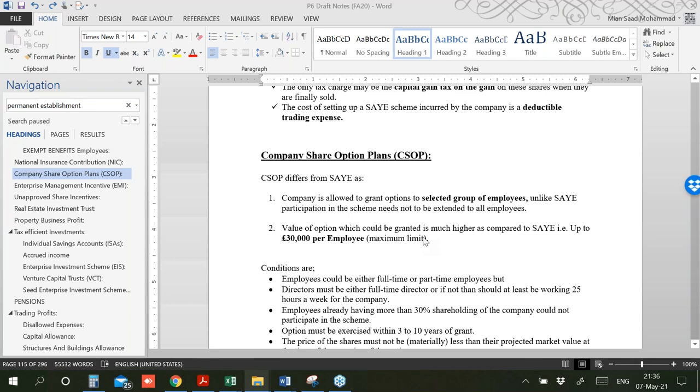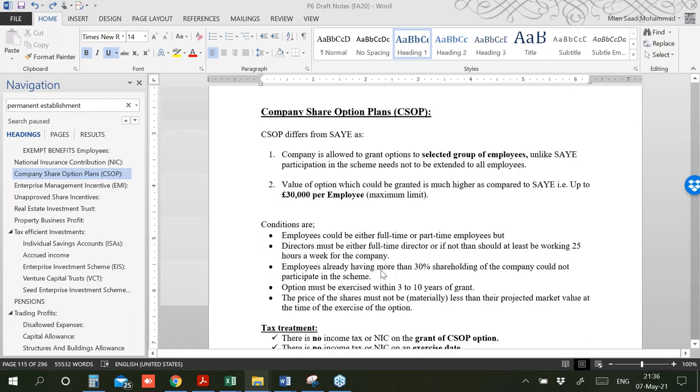Here, the employee can be either full-time or part-time. If they are directors, they can be full-time. If not, they should be working at least 25 hours for the company. Employees who already have more than 30% holding cannot participate in this, and options should be exercised within 3 to 10 years. But you are not supposed to tell these conditions here; I am telling you for your concept.